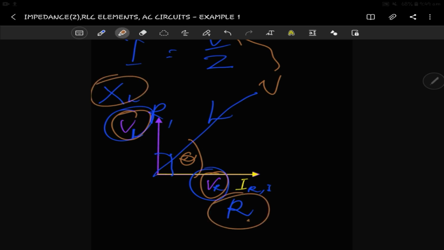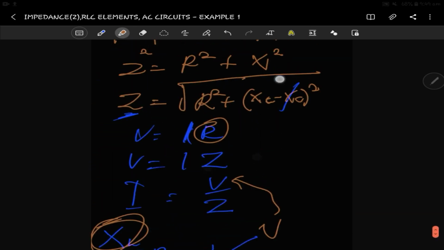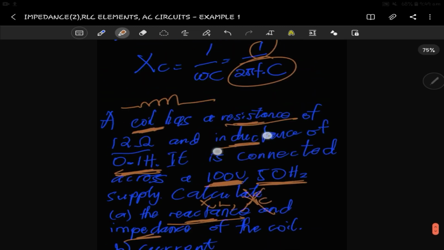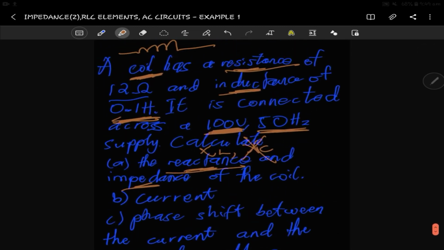But in this case, the one that's easier to find will be the XL and then the R. And so we'll get to see what's actually happening. So now let's solve it. Now we've seen what we need to solve this problem, right?